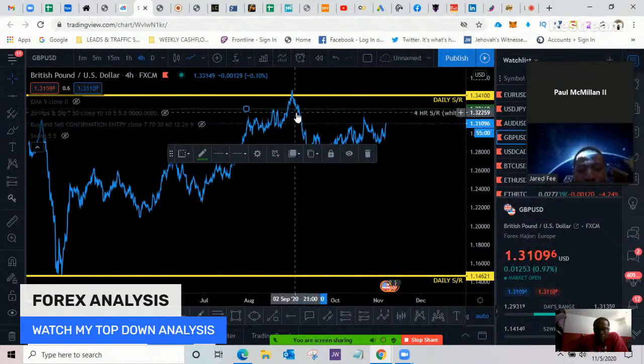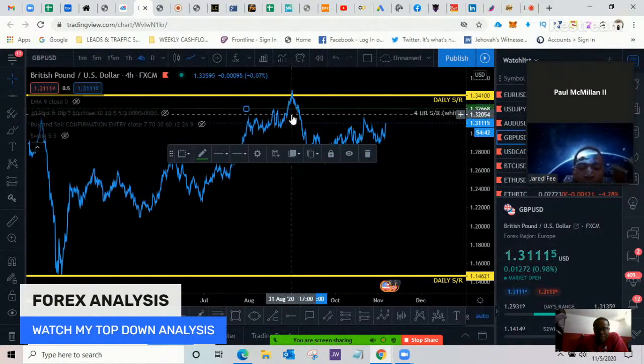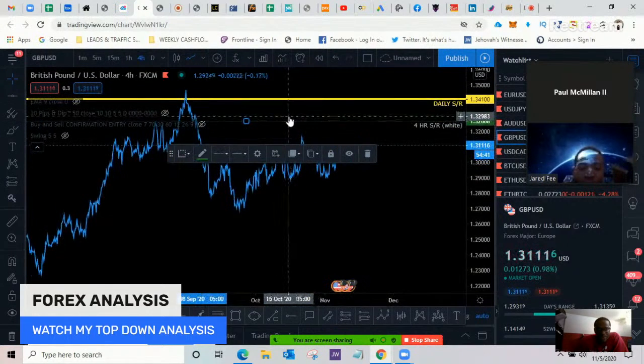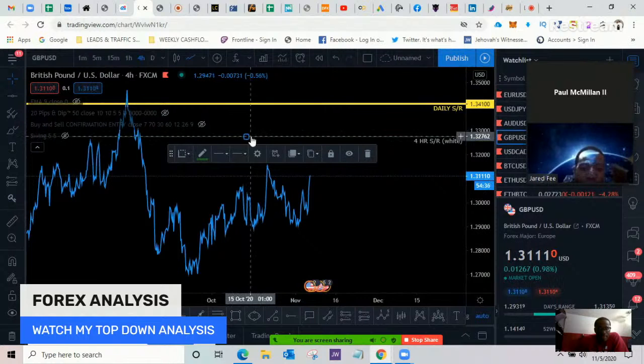What do we mean? See right here, price was respected as resistance, because even when you look at this uptrend, it hit this 4-hour horizontal line as resistance here. Boom, boom, and it rose up and broke it. And as you can see, when you zoom in, price even retested here and hit support.